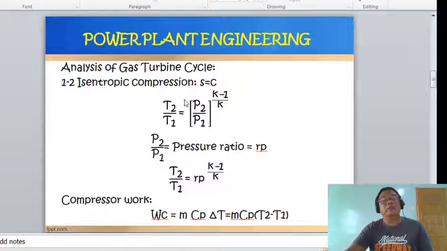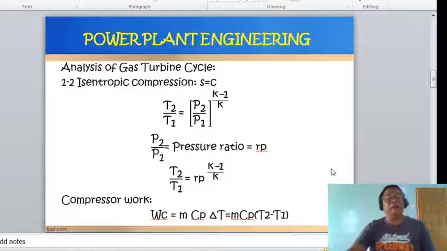The ratio of the temperature is T2/T1 = (P2/P1)^((k-1)/k), where, take note, class, the ratio P2/P1 is the so-called pressure ratio, or Rp. Therefore, T2/T1 = Rp^((k-1)/k).